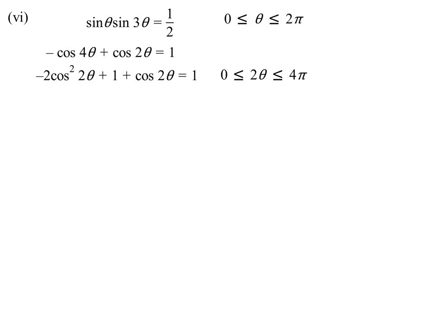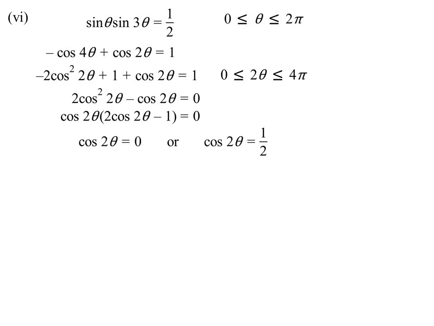My equation's in terms of 2 theta here, so I'm looking in between 0 and 4 pi. The other thing to make note about this, they've said between 0 and 4 pi, so you do not give your answer in degrees. They've specified the answer needs to be in radians. So if the equation says between 0 and 360, you want to put the answer in degrees. If it's between 0 and 2 pi, you put the answer in radians.